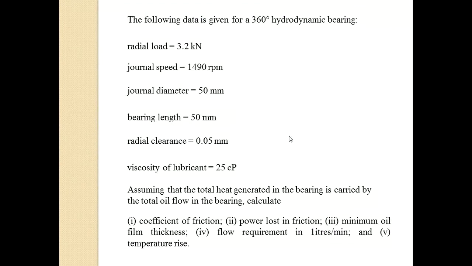Okay, now see here, write down first whatever data is given in the numerical. Solution, first point: write whatever data is given. First is load W, that is 3.2 kilonewton, that means 3.2 into 10 raised to 3 Newton.